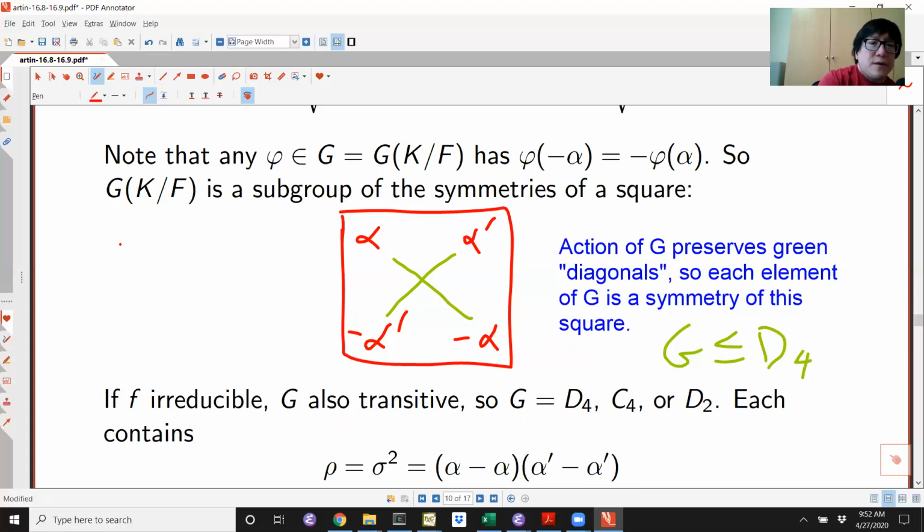We have sigma equals alpha goes to alpha prime, and minus alpha prime goes to minus alpha, goes to minus alpha prime. So that's the rotation. So sigma is this clockwise rotation as I've drawn it. I should only do that 90 degrees. There's sigma.